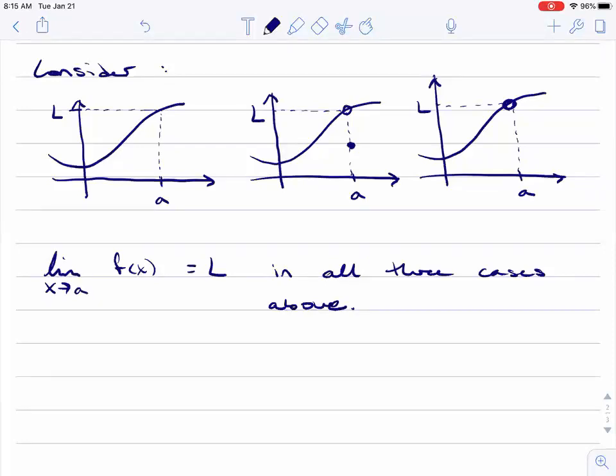So it doesn't matter what it looks like. What we need to remember is that if we're talking about the limit of f(x), then we want to know what the actual curve looks like.